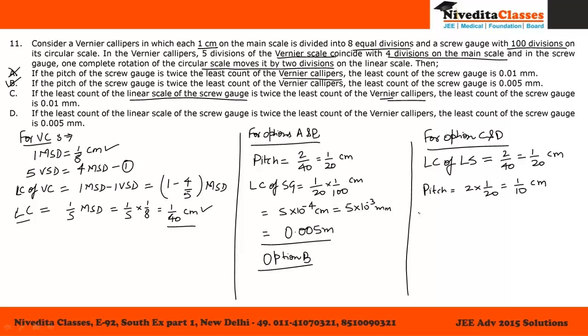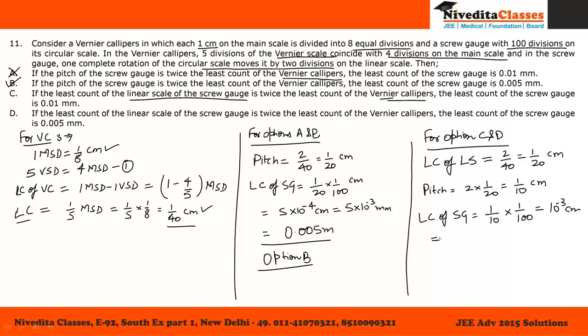Now the least count of the screw gauge is given by pitch divided by the number of divisions on the circular scale, which is 100. So our least count will be 1 by 10 multiplied by 1 by 100, that is equal to 10 raised to the power minus 3 centimeter.